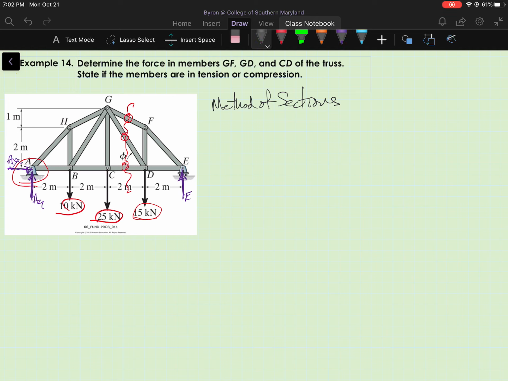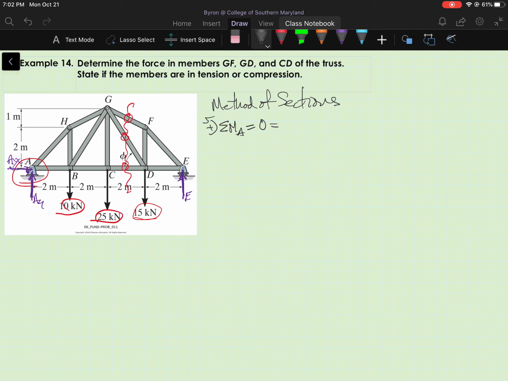And I'm going to solve for the force E by summing moments about A. It's rigid body equilibrium, so I can write a moment equation that's equal to 0.